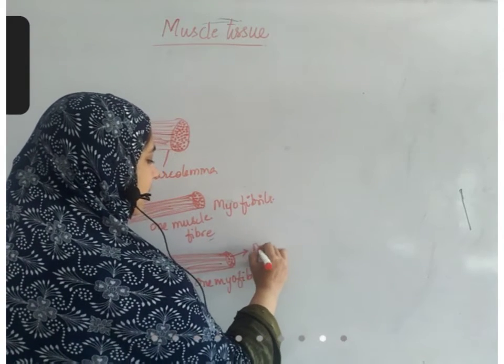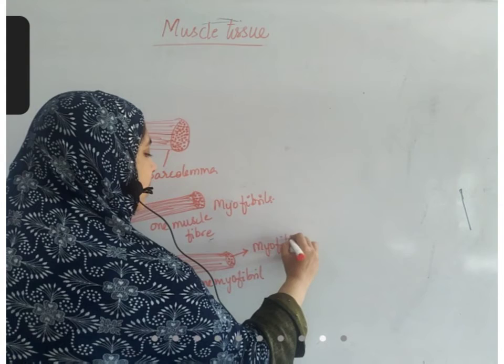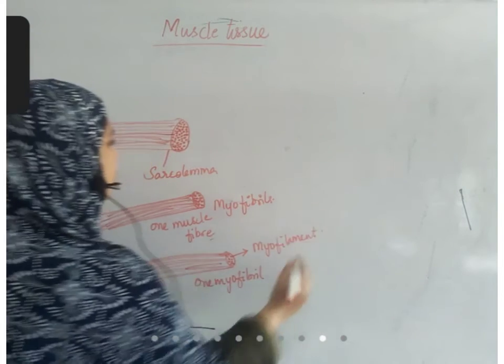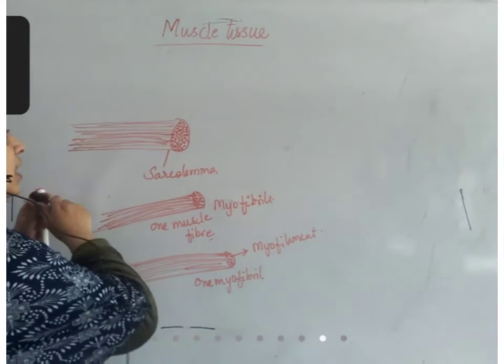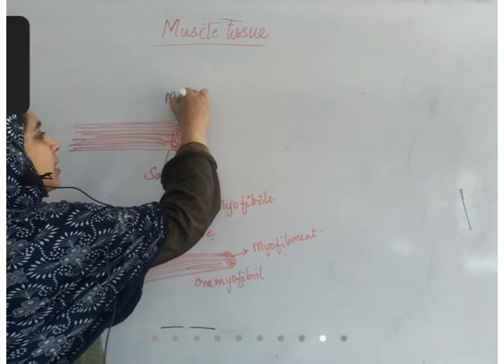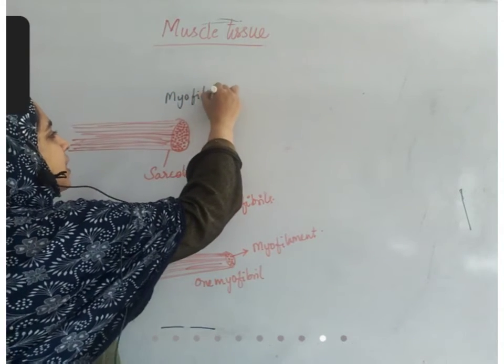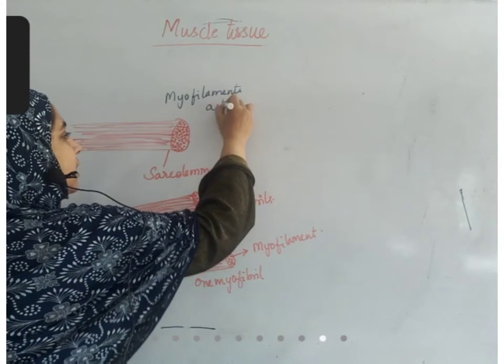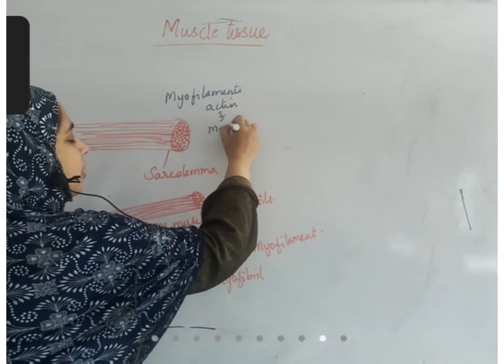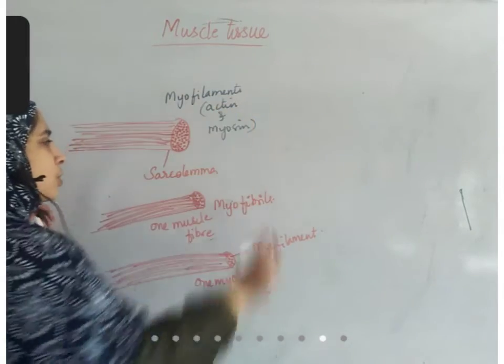Each one is a myofilament. So if you sum up, what does it mean? There are some myofilaments. The names of those myofilaments are actin and myosin. I'll draw and I'll show you these two also.